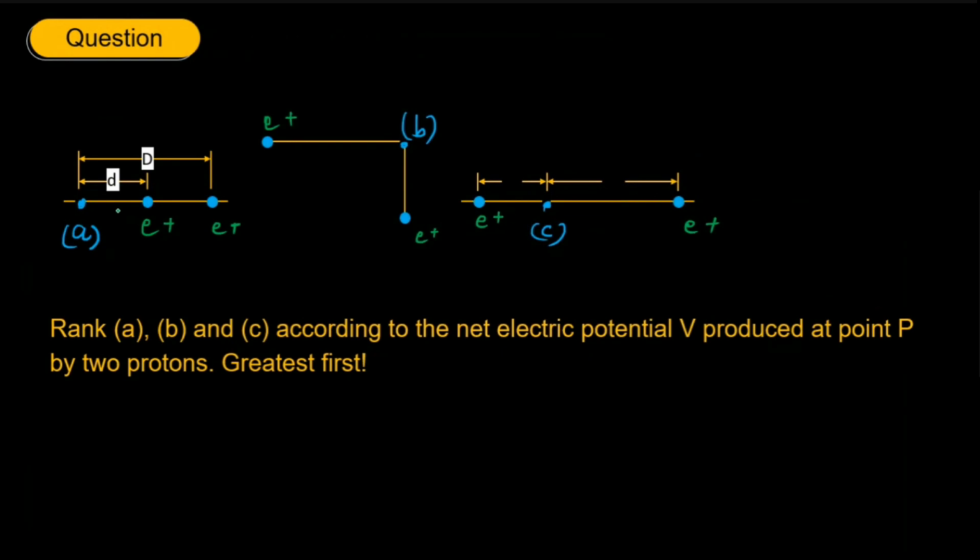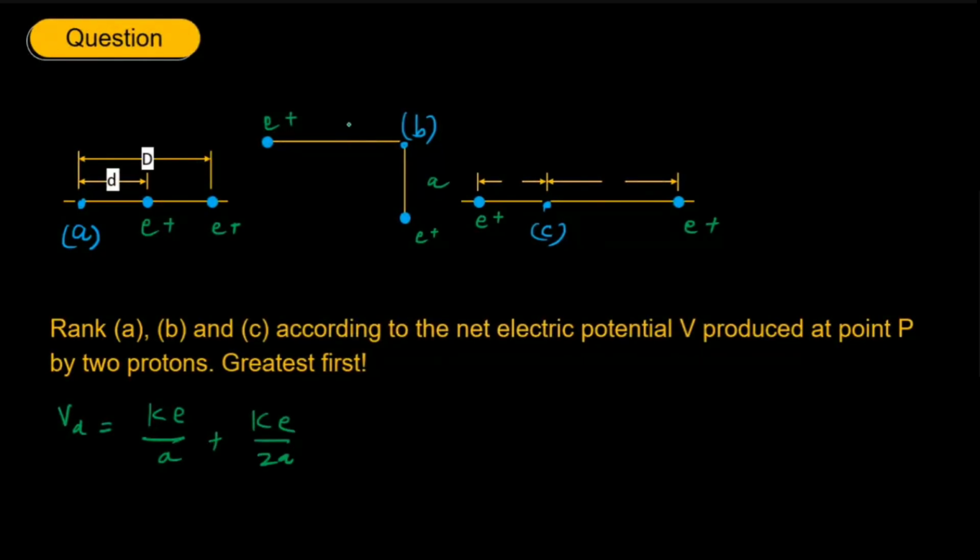So let us find out the potential for the first configuration. VA I can write as KQ, where Q is E, by distance. We can assume the distances to be A and 2A.